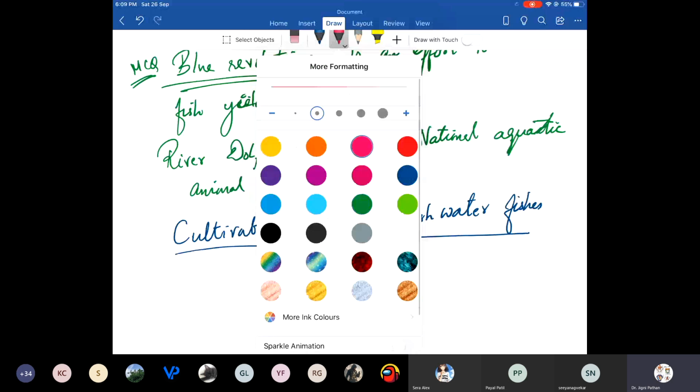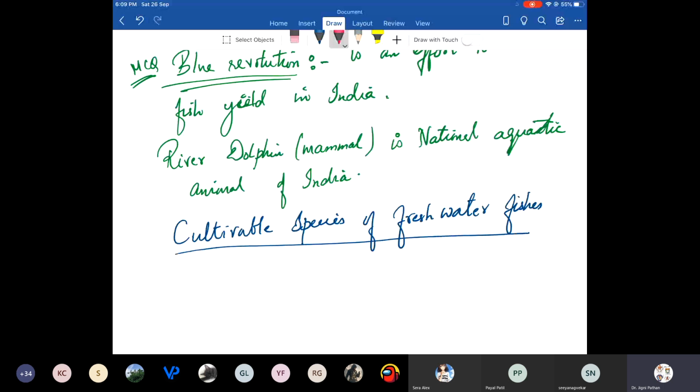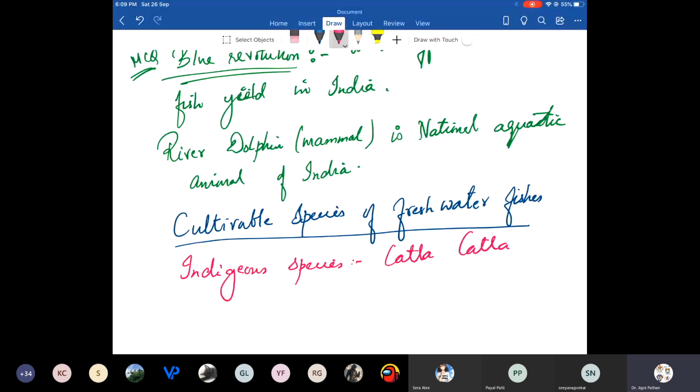First one, indigenous species: catla, that is catla fish. Okay. Then Labeo rohita, that is rohu fish.